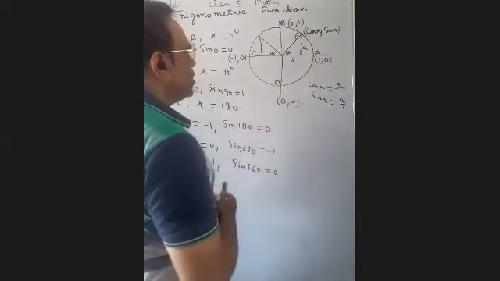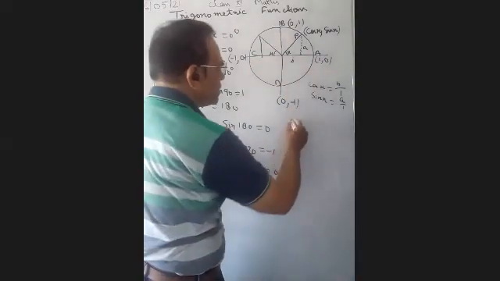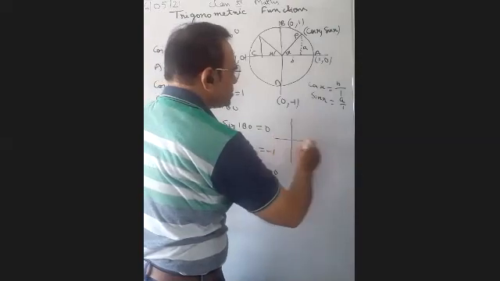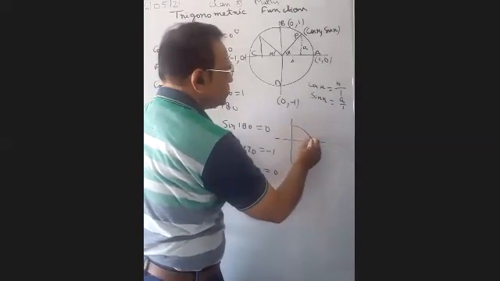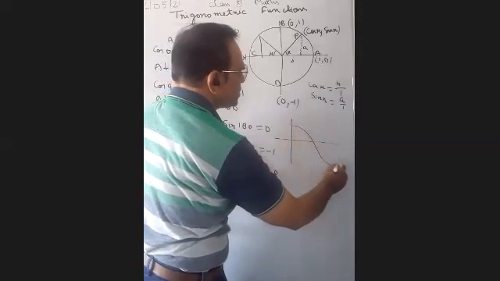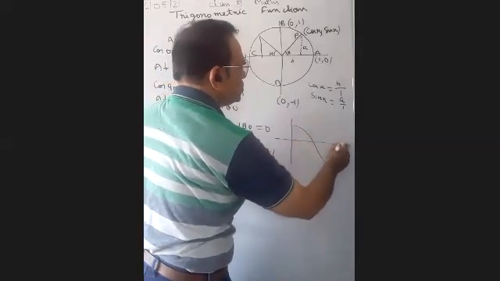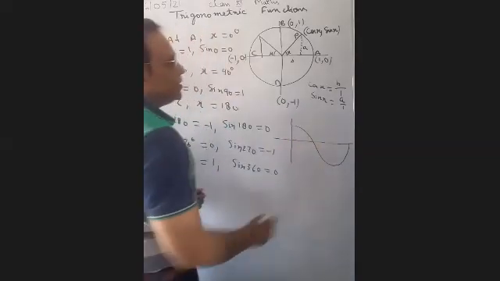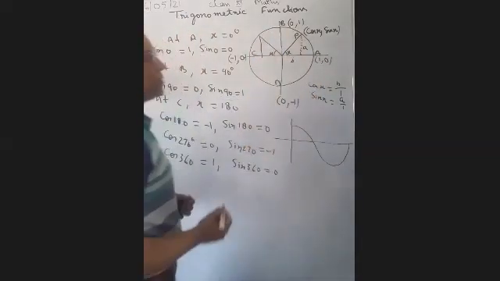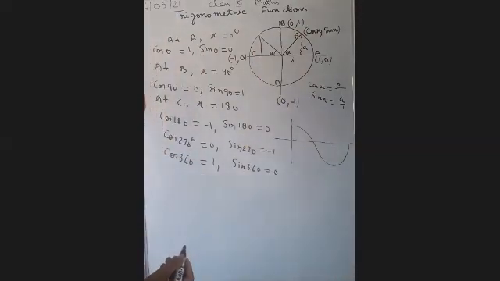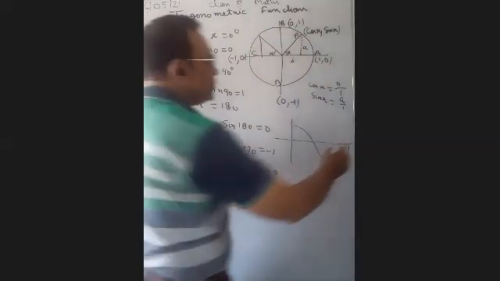So if we see the graph of the cos function, it starts from 1, comes to 0, then comes to -1, then again comes to 0. In this way, one circle will complete. After completion of one round, it will start repeating the same pattern.